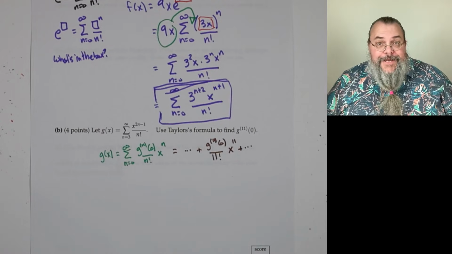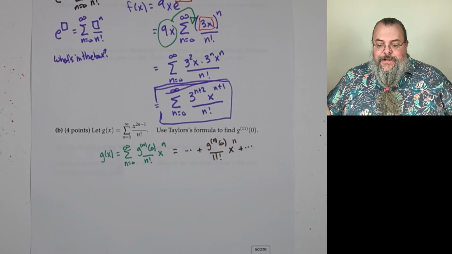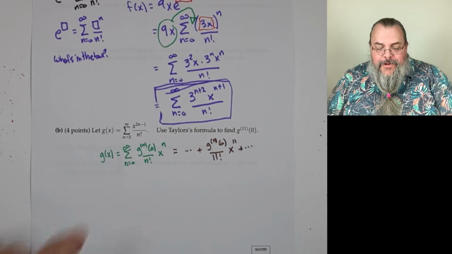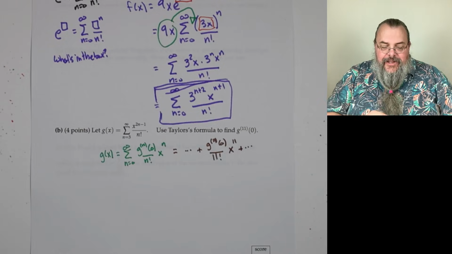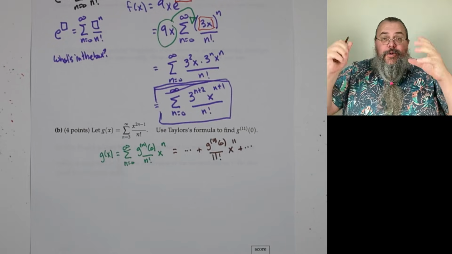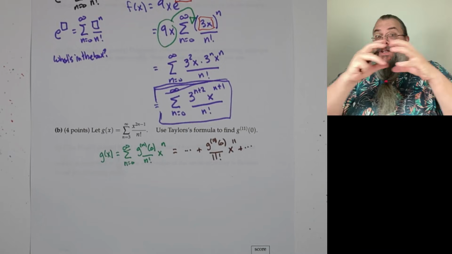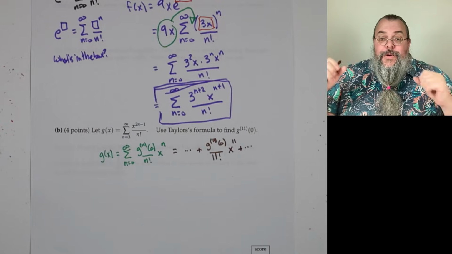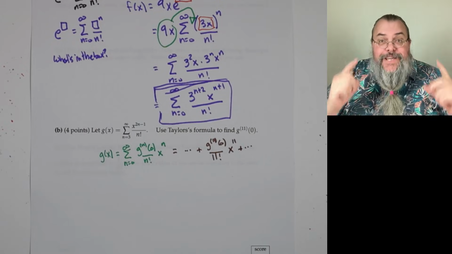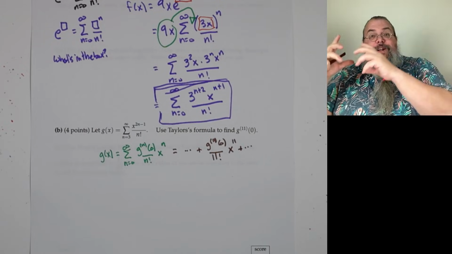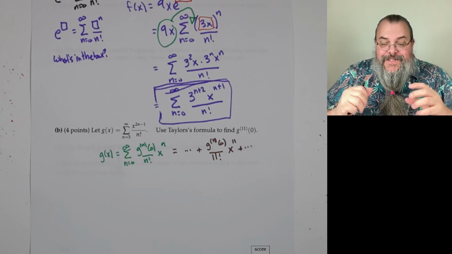And you're like, okay, that's cool. So how do we use that with this information? And here's the thing. We have two series, two infinite polynomials. When are two infinite polynomials equal to each other? When all their coefficients match.